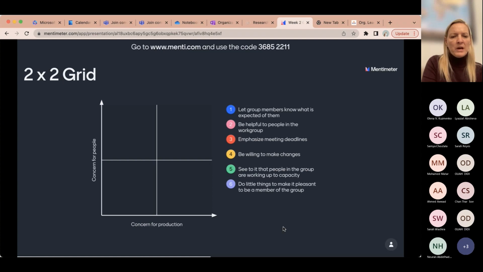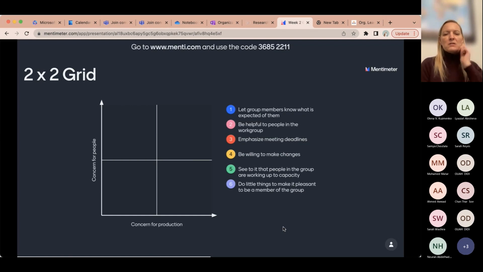Okay, so in front of you on my screen is a 2x2 grid, and you're going to look at those 6 areas as characteristics of transformational leaders and engage with it on your end with that same code of 36852211. And it is going to give us our plot line for if as a group, we are more concerned with people or production.